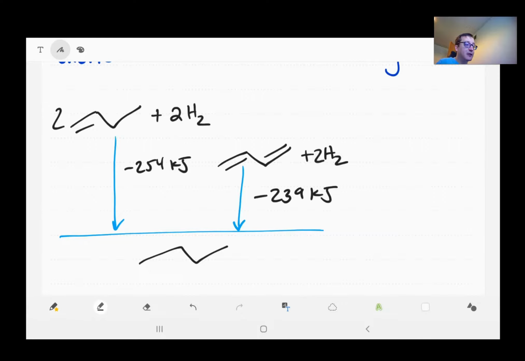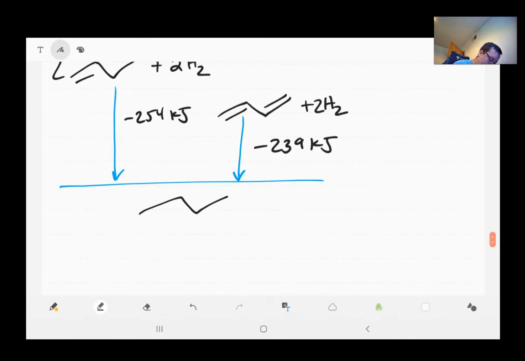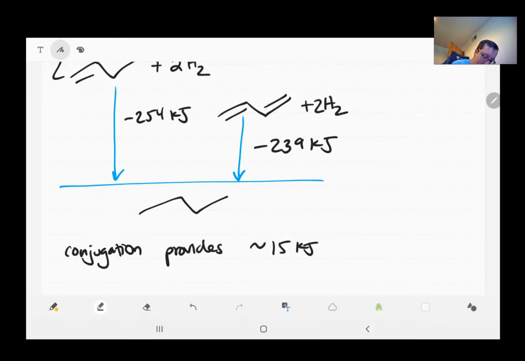It takes less energy for it to go into the completely saturated carbon, or alkane, than it would if we had just isolated double bonds. And so that tells us that conjugation provides about 15 kilojoules of what's called stabilization energy.